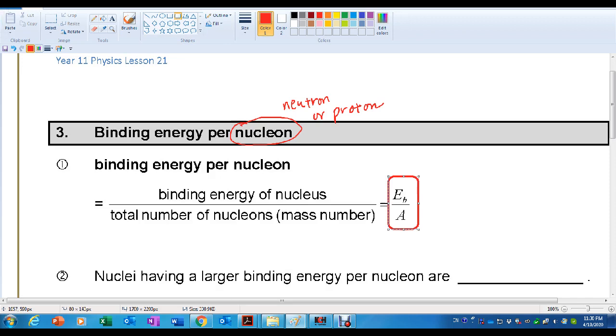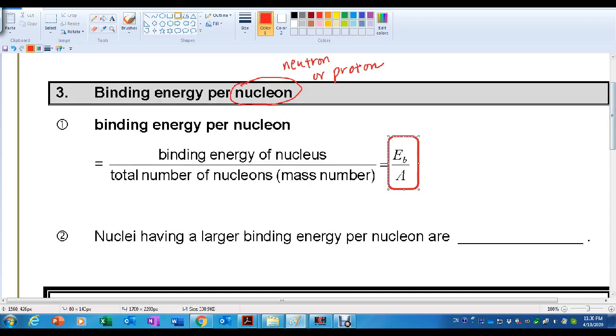Okay, so why do we need to learn binding energy per nucleon, not just binding energy? The thing is, binding energy per nucleon is to determine the stability of a nucleus. Normally the things that have larger binding energy per nucleon are more stable.